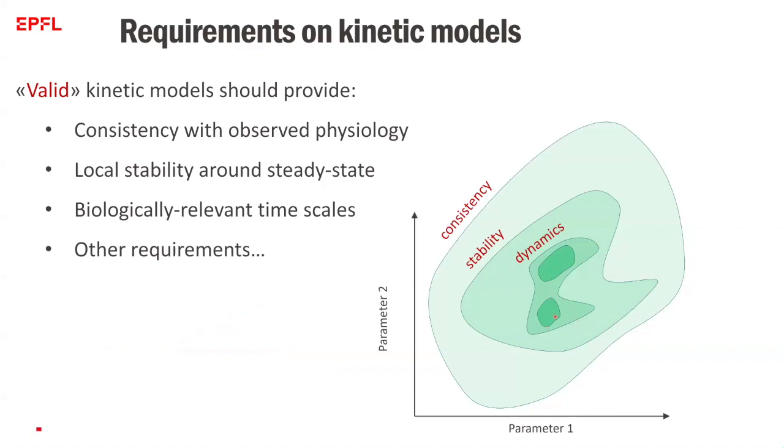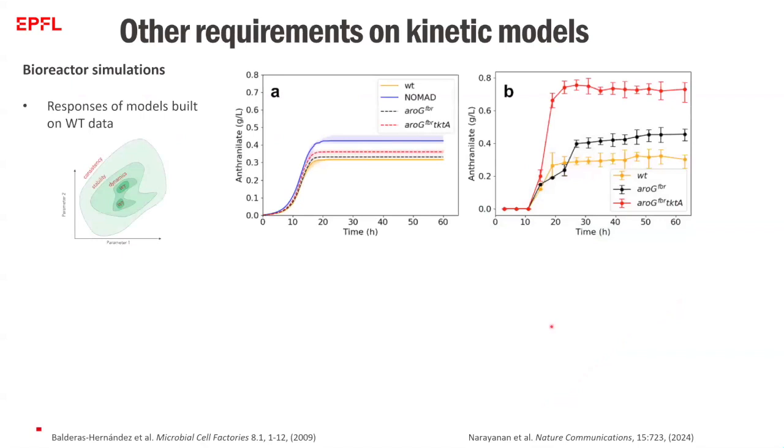And here I just wanted to illustrate that even all these first three requirements that I had are not always sufficient. For example, on the upper panel on the right, what we did at the time, we built dynamic models of E. coli that were satisfying all these requirements. And if you see the yellow curves, they are replicating what was observed with the wild type.